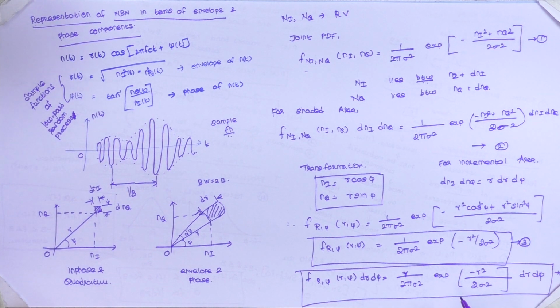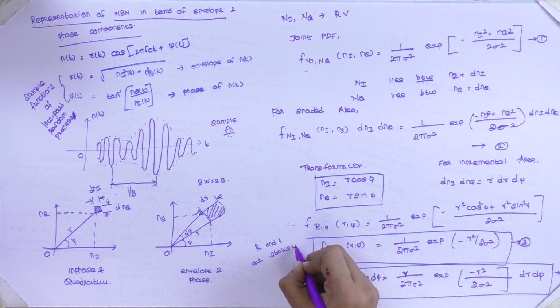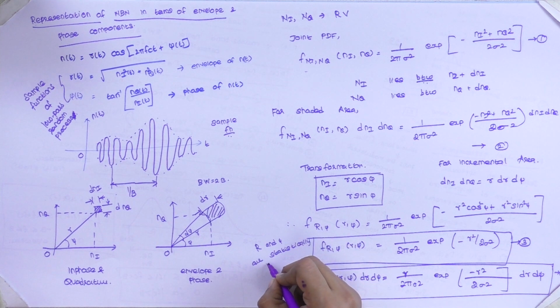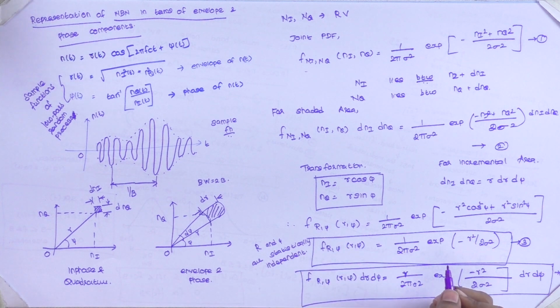Here, since we have seen the joint probability density function is independent of the psi component, it means that R and psi, that is envelope and phase components, are statistically independent.